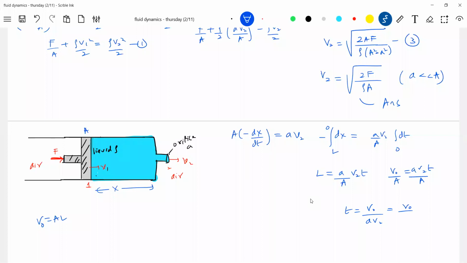V2 is 2F by rho A. So V naught by a. What we were finding out, I got the time. T is the time taken. Let it be. Here we'll write fresh.